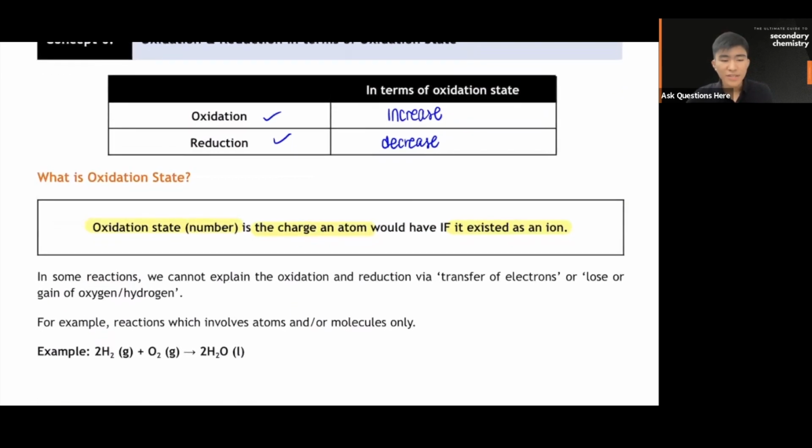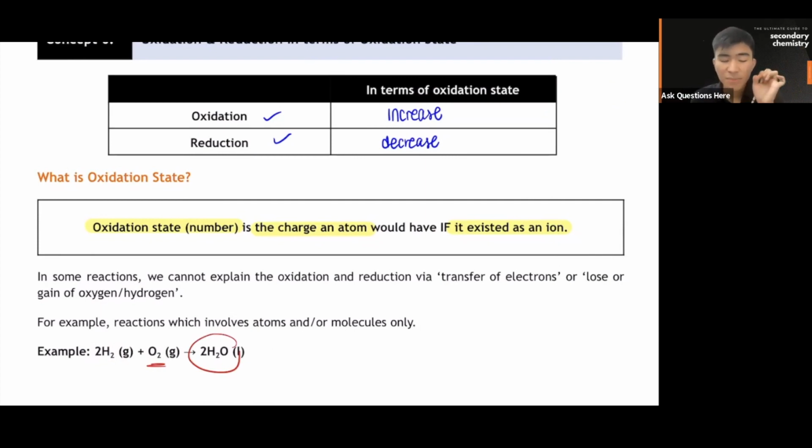Let's look at this reaction, where hydrogen is reacting with oxygen to form water. I'm gaining hydrogen, and I'm gaining oxygen at the same time. So am I undergoing oxidation or reduction? Is this a redox reaction? I have no clue.